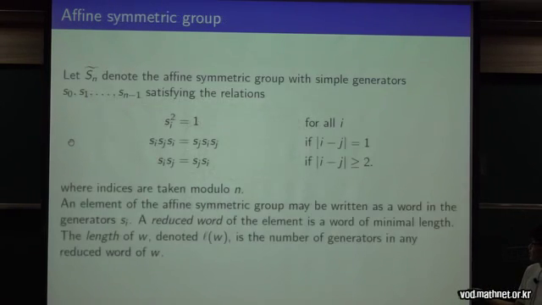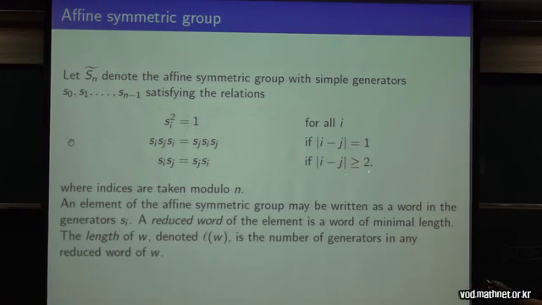Here's the definition of the affine symmetric group. S_n tilde is generated by s0, s1, up to s_{n-1}, satisfying the following relations. s_i squared is equal to 1. If i and j are adjacent, then s_i s_j s_i equals s_j s_i s_j.